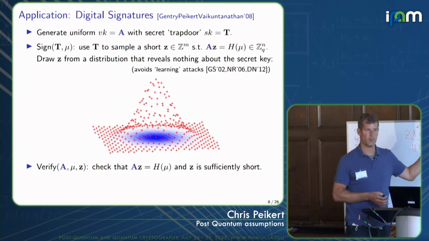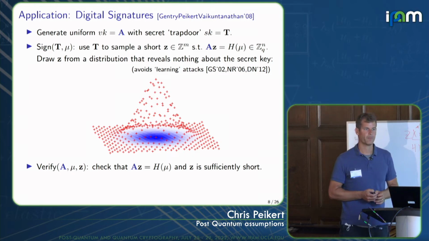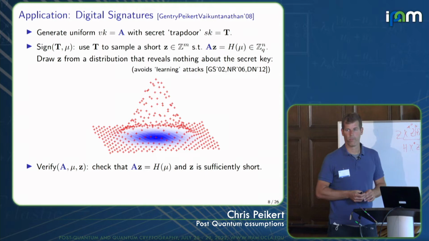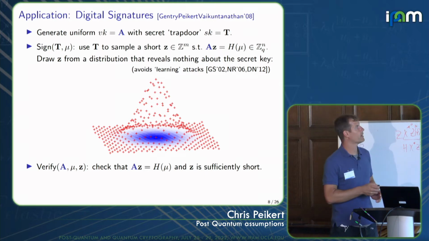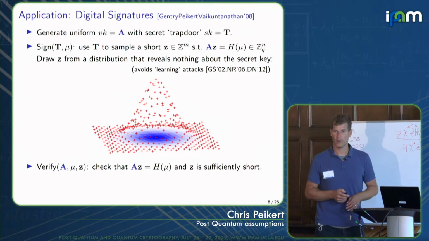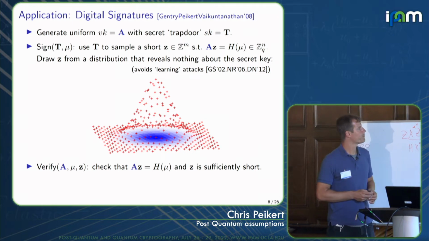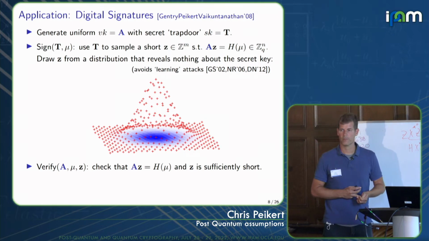I just want to make sure the mechanics of this scheme are clear enough. And I have abstracted away generating the trapdoor, and I've abstracted away this sampling algorithm. But otherwise, it's all that you see here. Okay. Was there another question about this one?